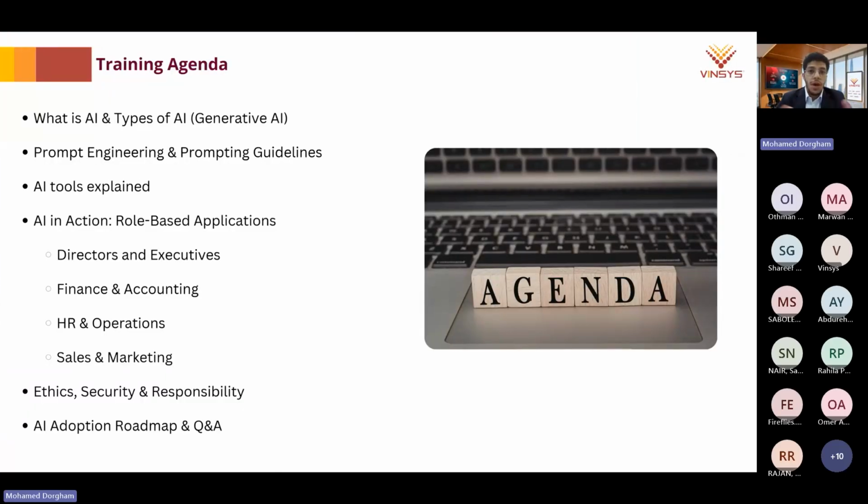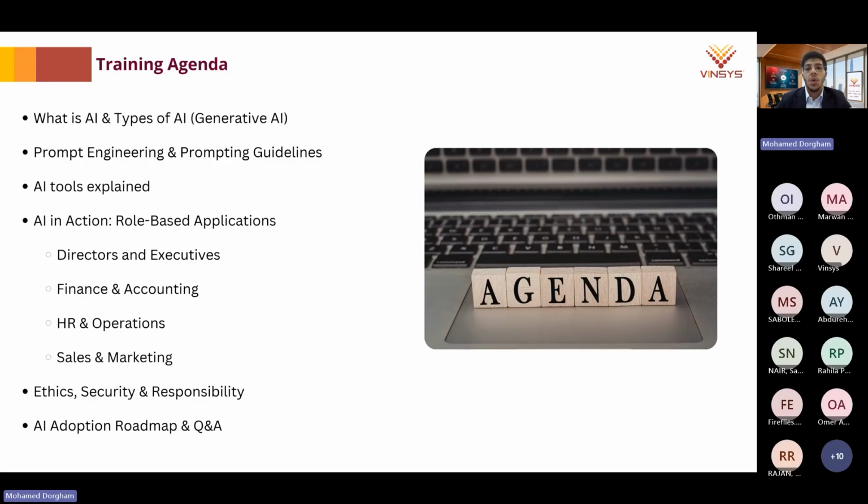So let's see what we have today. Today we're going to have a quick introduction about AI and the types of AI. We're going to understand the difference between generative AI and AI, and the main differences between these two concepts. And then we're going to dive deep into one of the most important concepts when it comes to AI, which is prompt engineering.